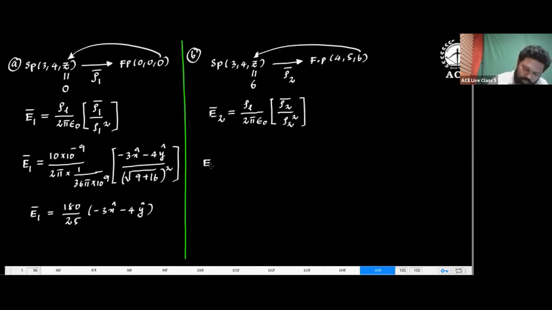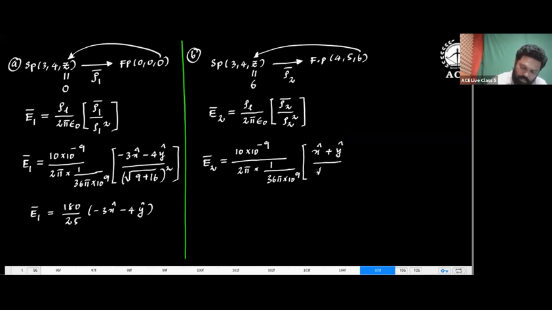So E2 is equal to 10 into 10 to the power of minus 9 divided by 2 pi into 1 by 36 pi into 10 to the power of 9, into 4 minus 3, it is x cap, 5 minus 4, it is plus y cap, divided by its magnitude, which is the square root of 1 plus 1 whole square. So the E2 is equal to 180 divided by 2 into x cap plus y cap.